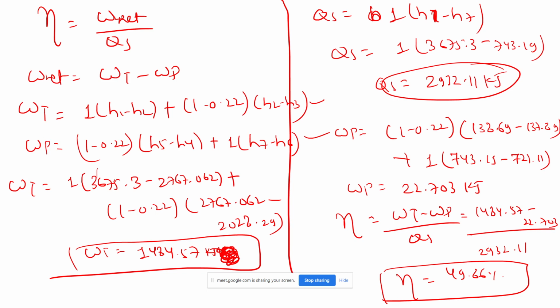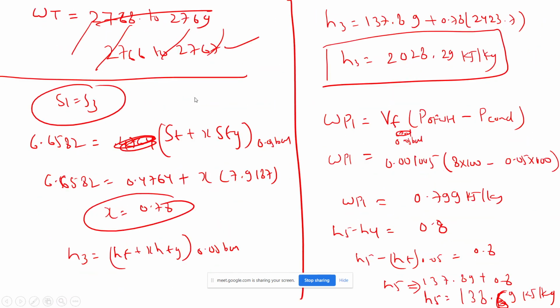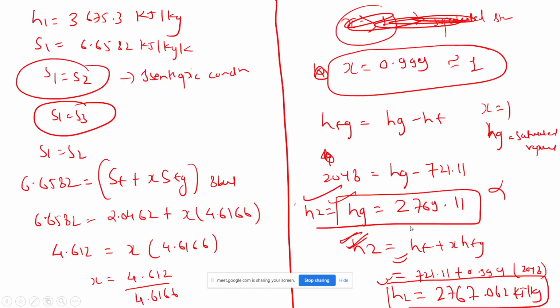We know the pump work using W equal to minus integral PdV. Yes, but we have to calculate the enthalpies first. We don't know the enthalpies. We just know that at the entry here it is saturated liquid, here it is saturated liquid. Points 5 and 7 enthalpy we don't know. After calculating this enthalpy we have to multiply it with how much amount is entering the pump, so (1 minus y) is entering.